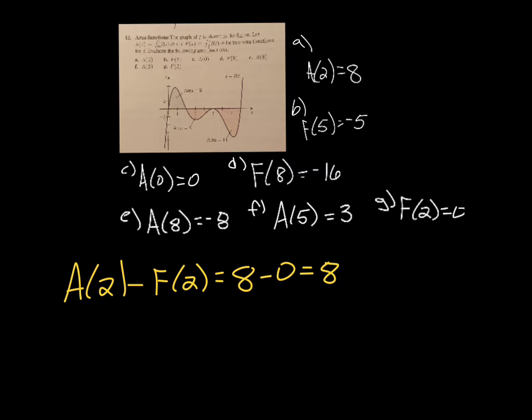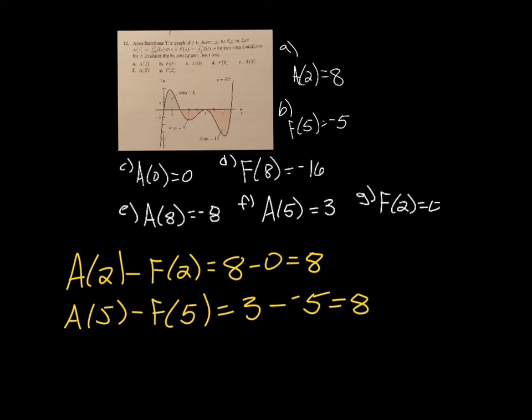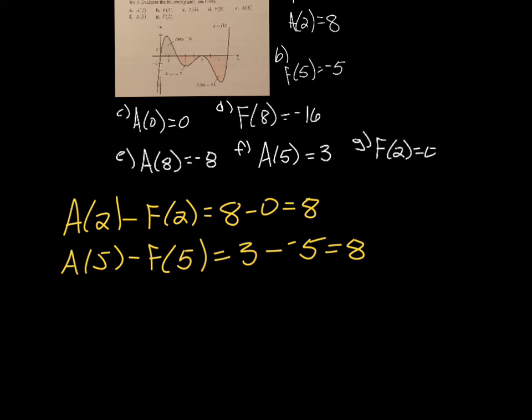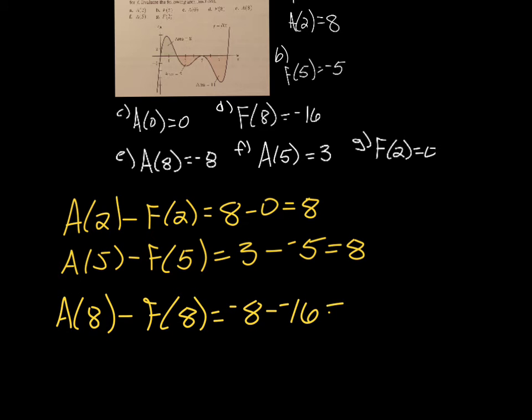And then if we do a of 5 minus f of 5, we would get, where's a of 5? 3 minus f of 5 was a negative 5, we would get 8. And if we do a of 8 minus f of 8, we get negative 8 minus a negative 16, and again 8.